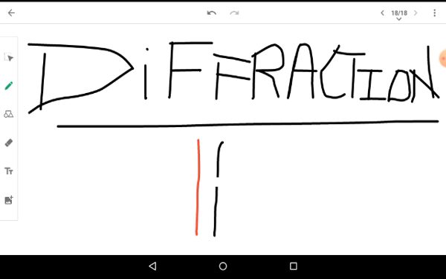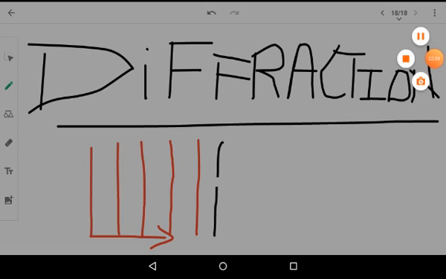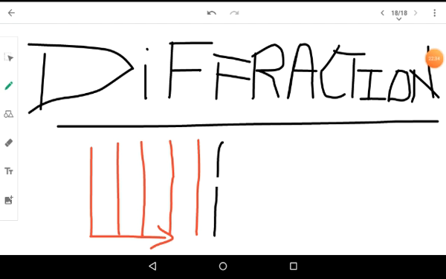Waves are coming like this; these are all transverse waves. When these waves moving in this direction make direct contact with this very small hole, this hole should be comparable to the wavelength of the wave.